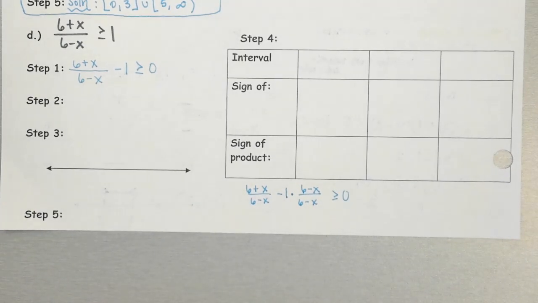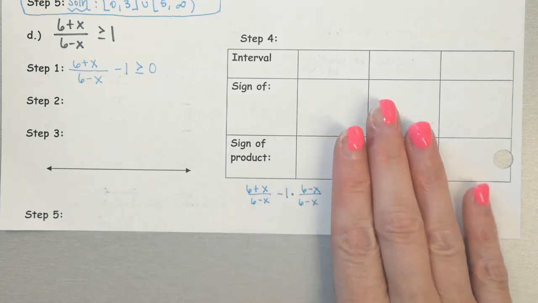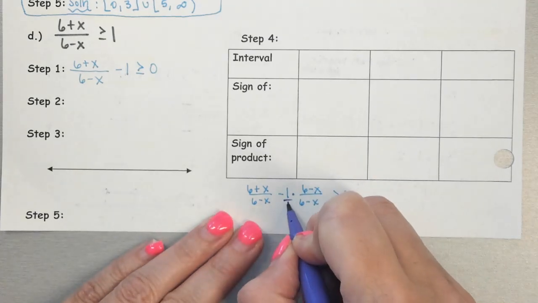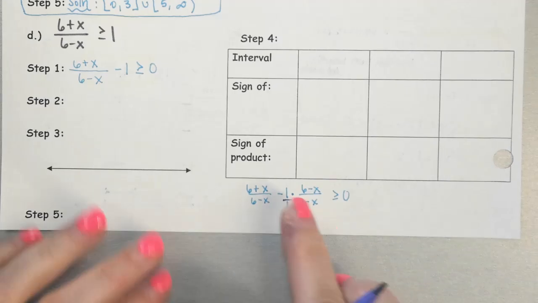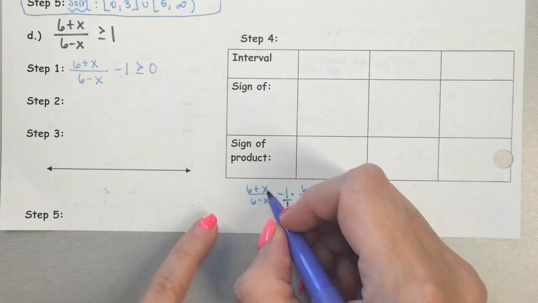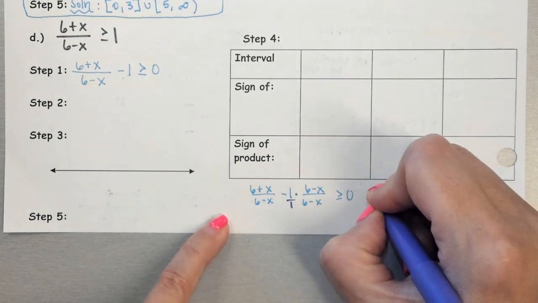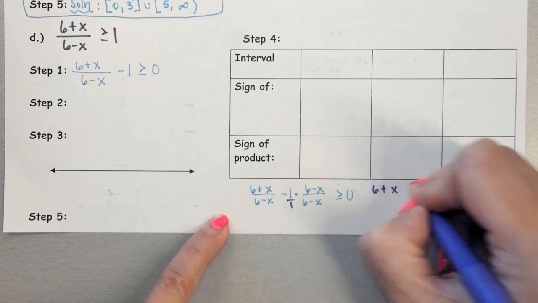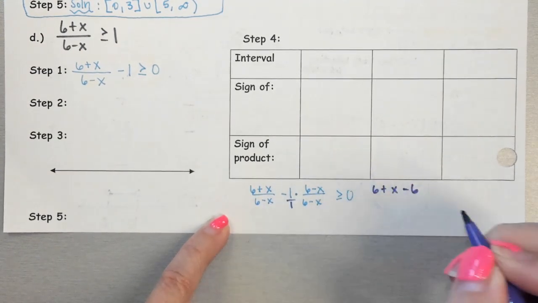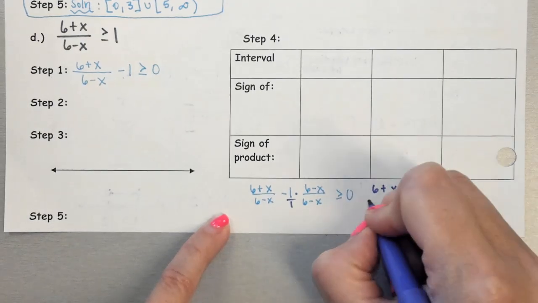This is very similar to what you did in the 1.4 quiz. It's just you didn't have that inequality there. You can think of this as over 1. Just remember you are going to have to distribute. So when you do that, I'm going to write it over here. You have 6 plus x. -1 times 6 is -6. -1 times -x is +x.